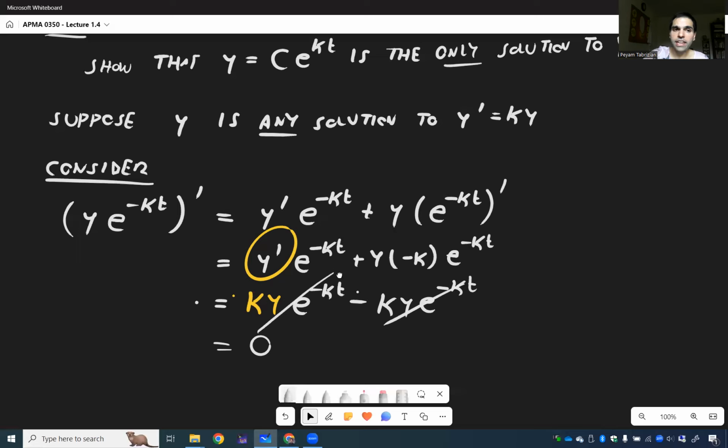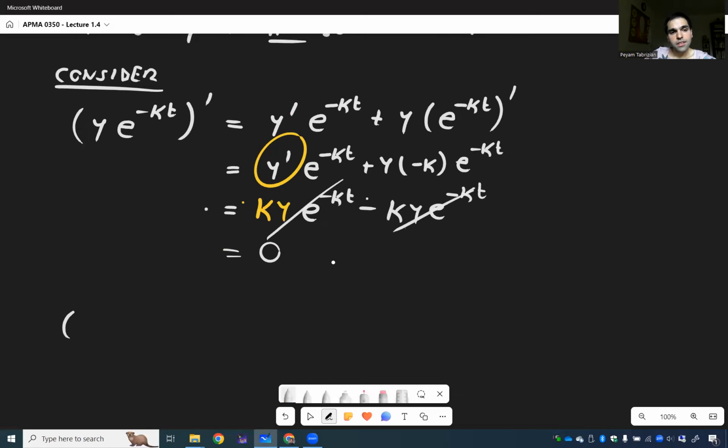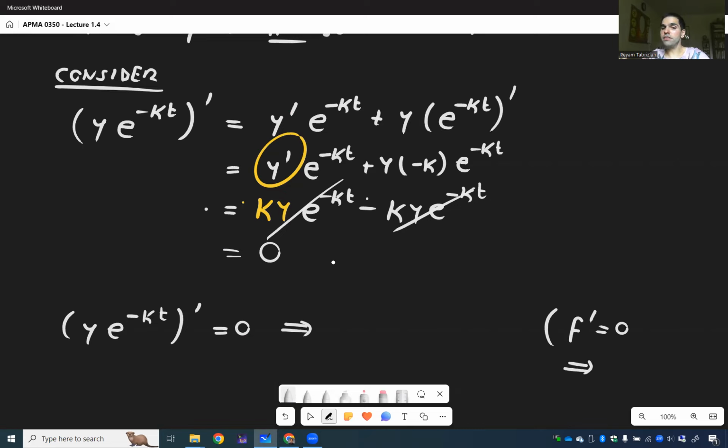And let's see how we can interpret this. So we know the derivative of y e to the minus kt is 0. Now remember, if f prime equals 0 always, so if a particle has 0 velocity, it never moves. So it's constant.